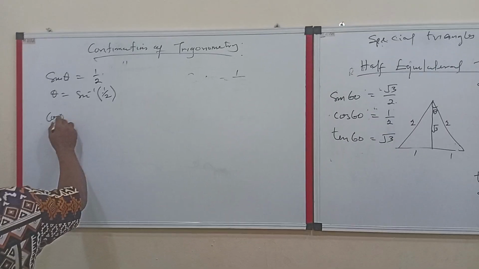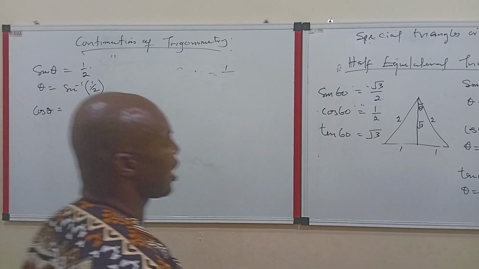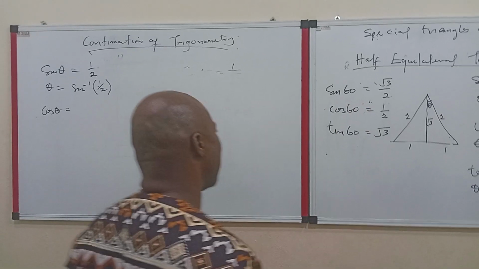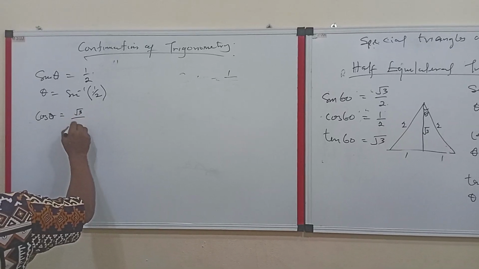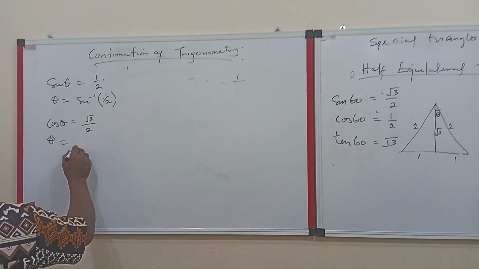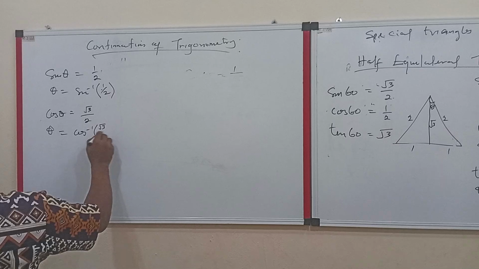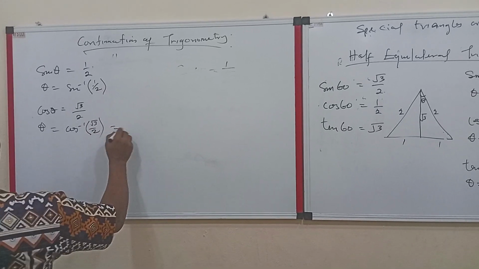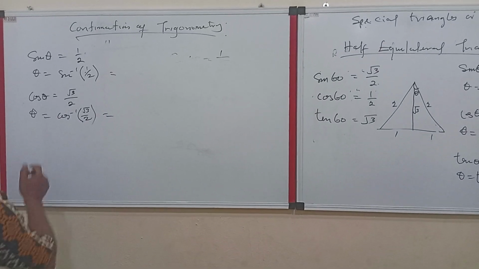Then if we are interested in the cos of that angle, the cos will be adjacent over hypotenuse, which is root 3 all over 2. Therefore, theta becomes cos inverse of root 3 all over 2. That's what we have. We are going to use our calculator for that.